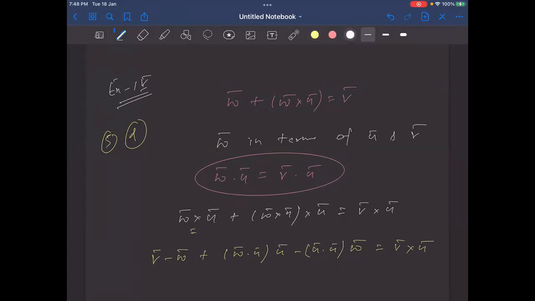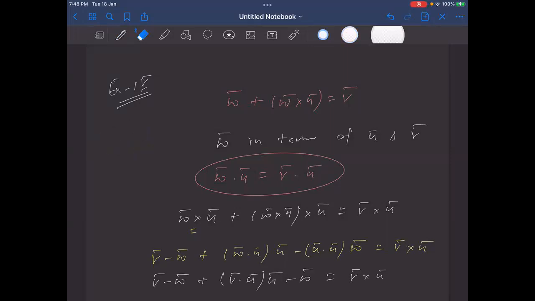अब इसमें देखो V minus W ही हो गया, omega dot U कितना है, V dot U है, U हो गया, ये तो वन ही है, W हो गया is equal to V cross U. तो अब मेरे को बताओ क्या वैल्यू है इसका, what is the value of this omega vector, W vector?